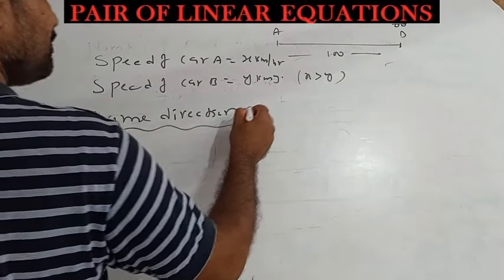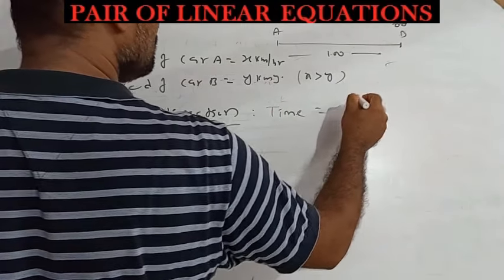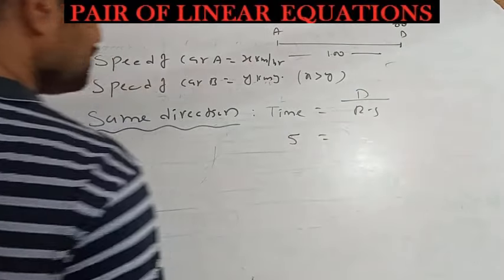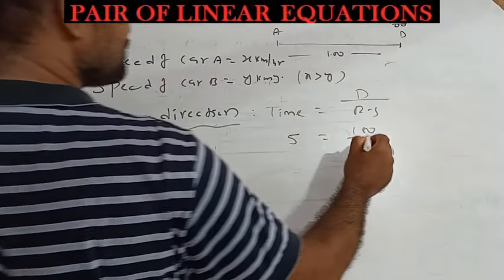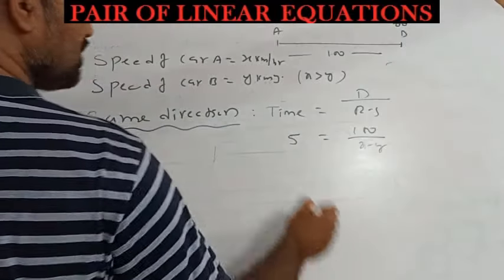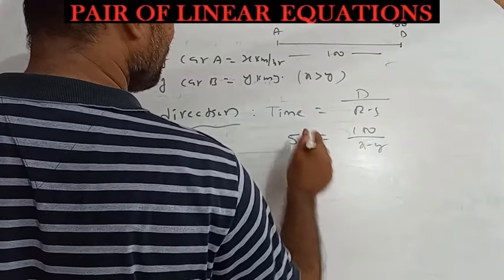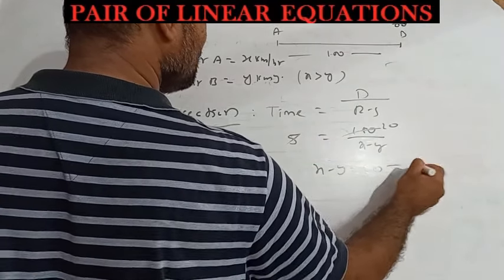Time equals distance between them divided by the relative speed. Time given is 5 hours, distance is 100, relative speed is x minus y. So 100 equals 5x minus 5y, and you can cancel with 5. 5 ones are 5, 5 twenties are 100, so x minus y equals 20. This is the first equation.